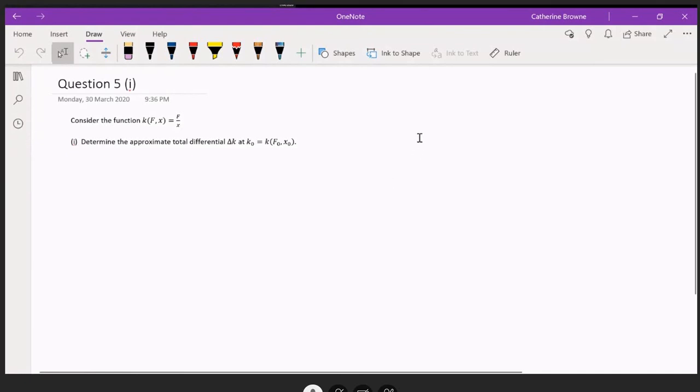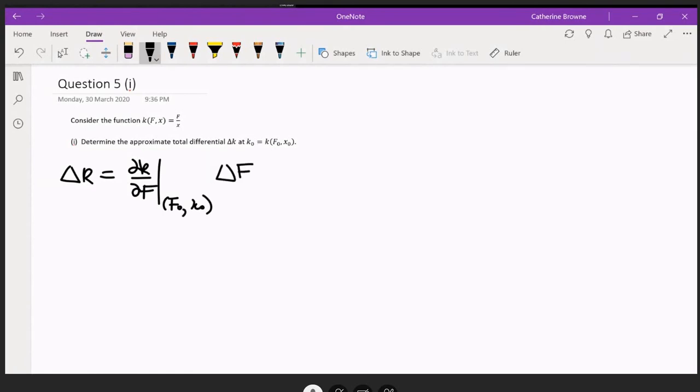And so to do that, we'll need to partially differentiate k with respect to f at the point f naught, x naught, and also the same, but with respect to x.